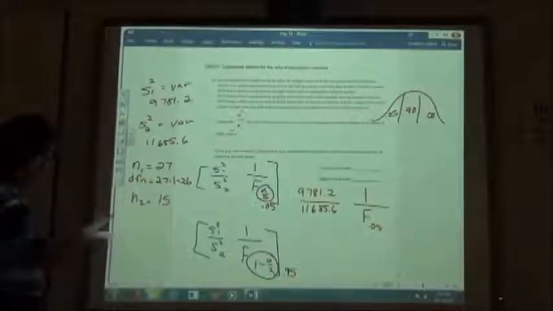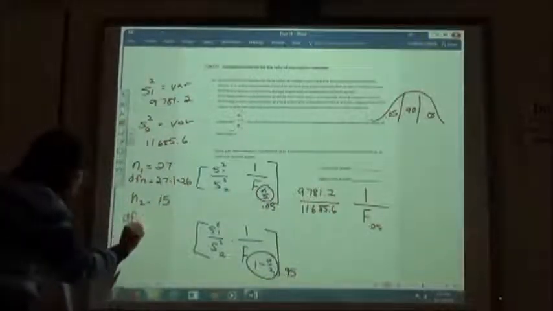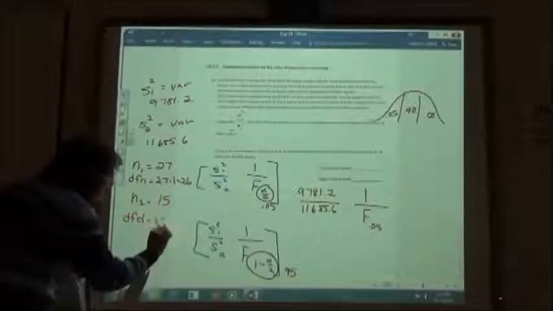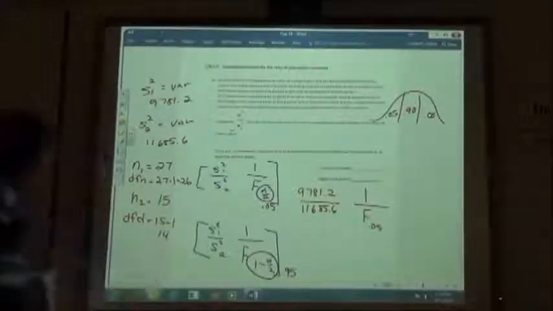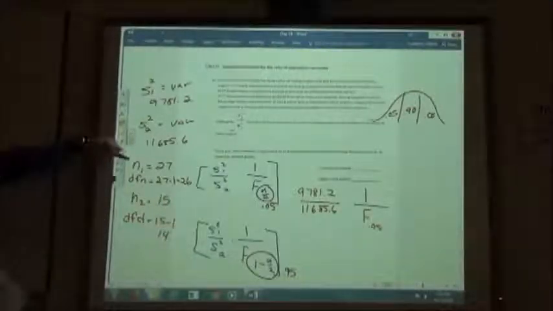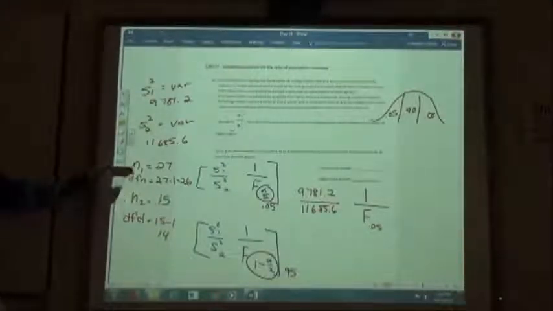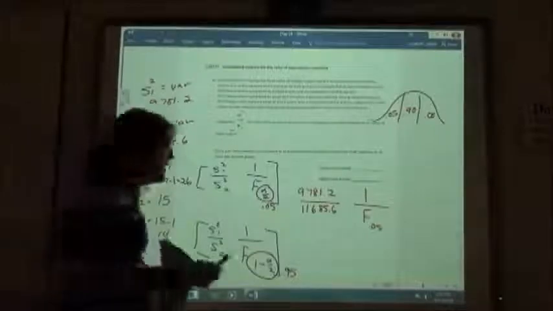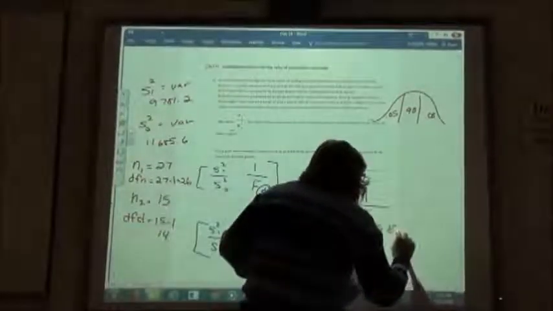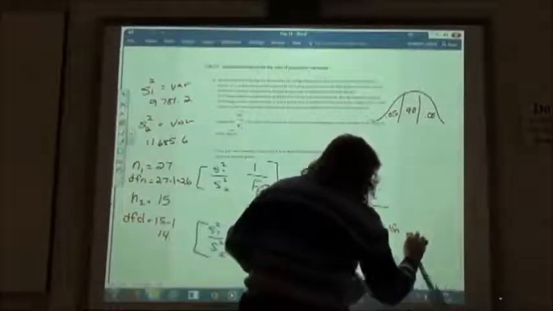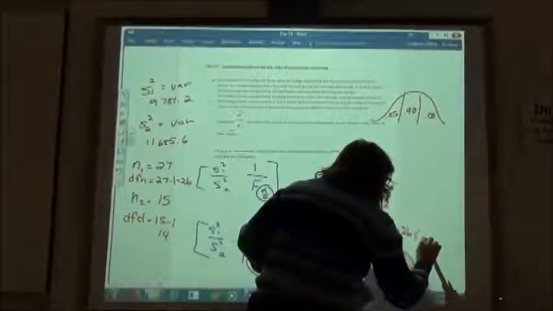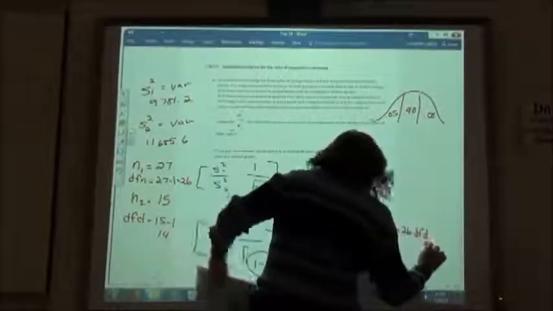For my degree of freedom in my denominator, I'm going to have 15 minus 1, which is 14. So number sampled for my first one was 27. Second sample was 15. We minus 1 for each of those. So degree of freedom in my numerator was 26. Degree of freedom in my denominator, 14.